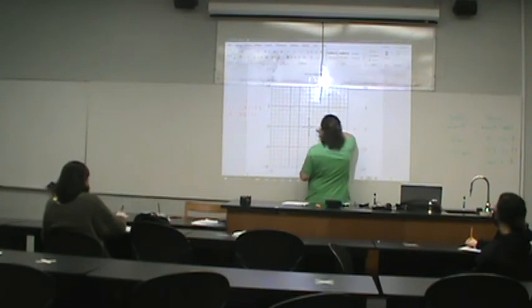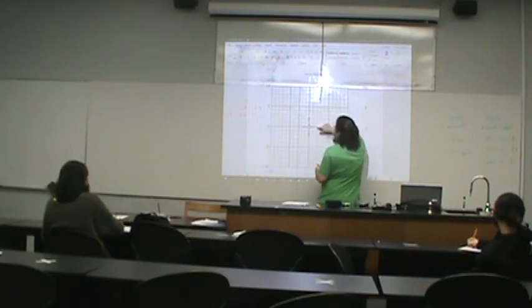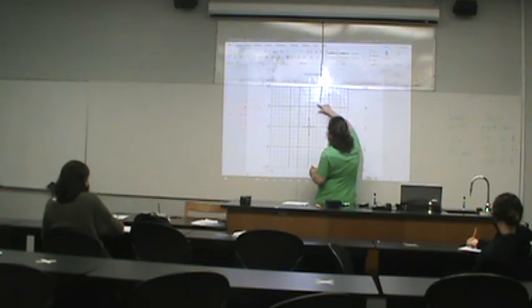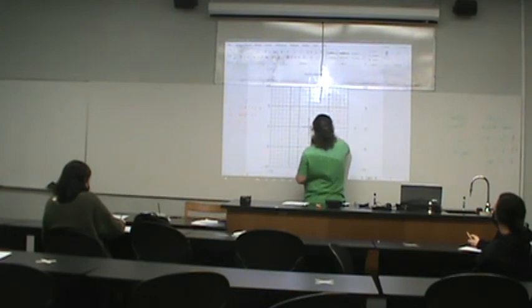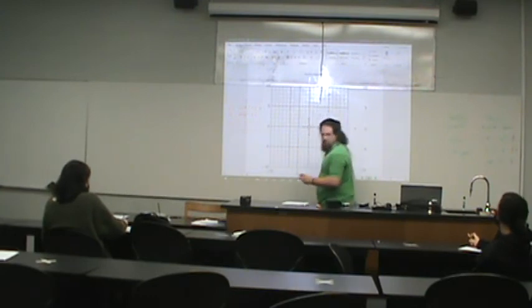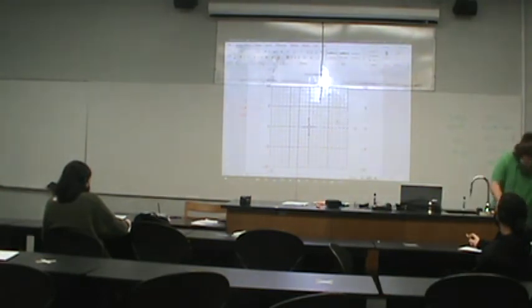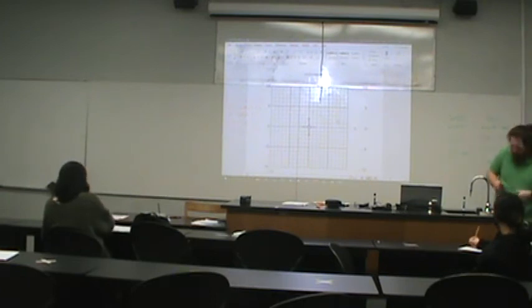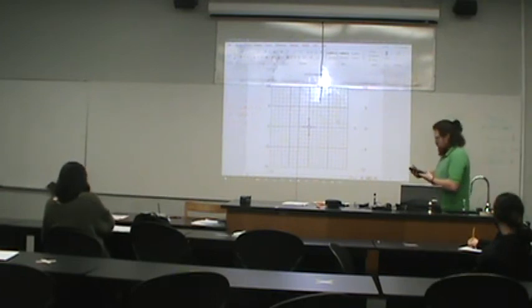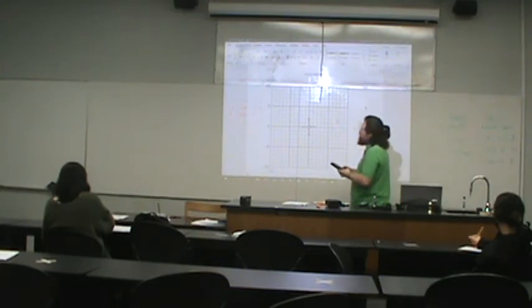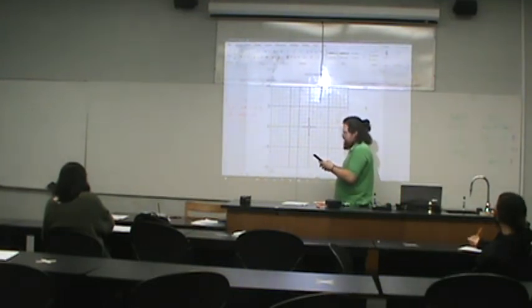So we've got for x equals 2, 1, 2, 3, 4, 5, 9. That seems a little wrong. Let me check something real quick. I think it's 4.7. I don't know why I wrote down 5.9.